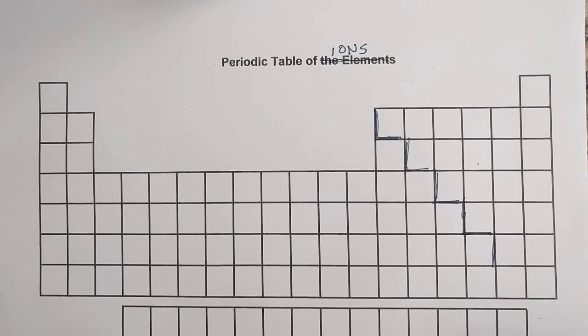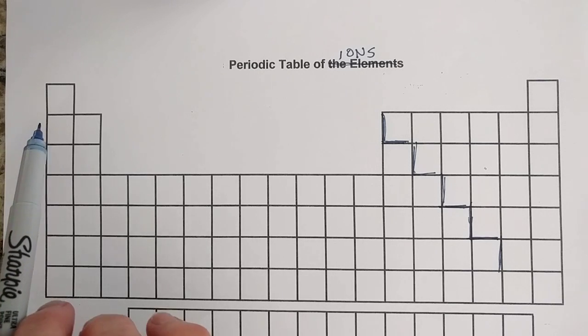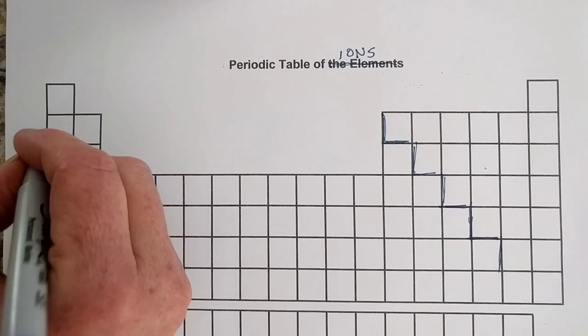All right. So for our ions, we're going to start with our group 1 metals. So group 1 has 1 valence electron. And when those elements form compounds, they lose that valence electron and become +1 ions. So we can go ahead and fill in all of our elements with charges. So we'll leave hydrogen for later.